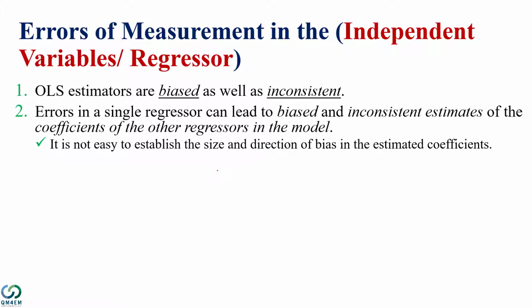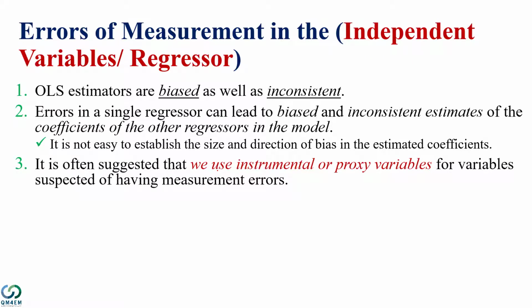Furthermore, the suggestion for solving the problem of measurement error is to use an instrumental variable or a proxy variable for the suspected variable that has a problem of measurement error. So given the consequences, that's pretty serious, that the estimators become biased and inconsistent.